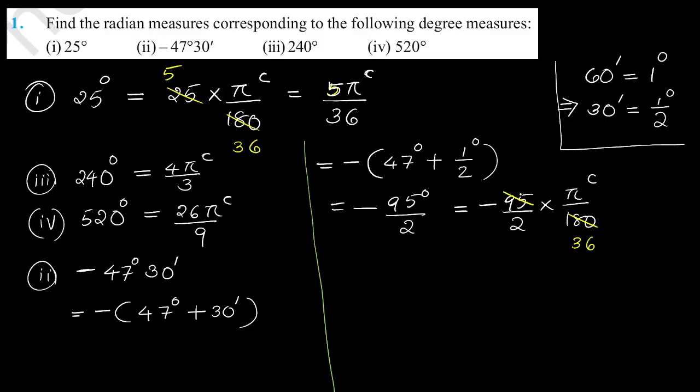Numerator 95 divided by 5, what happens? 95 divided by 5 gives 19. No more simplification. So you will get minus 19 pi divided by 2 into 36, which is 72. This much radian. This is the answer.